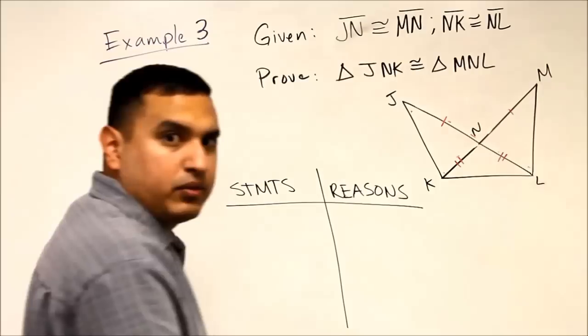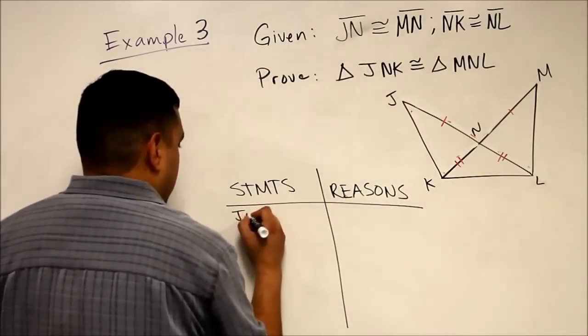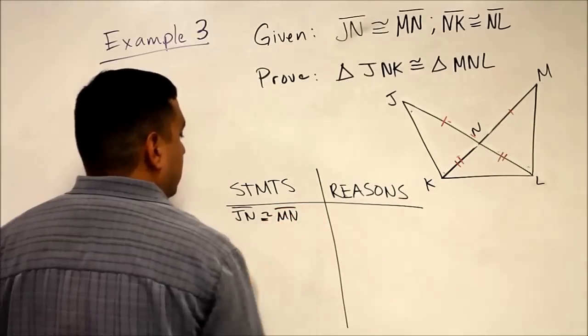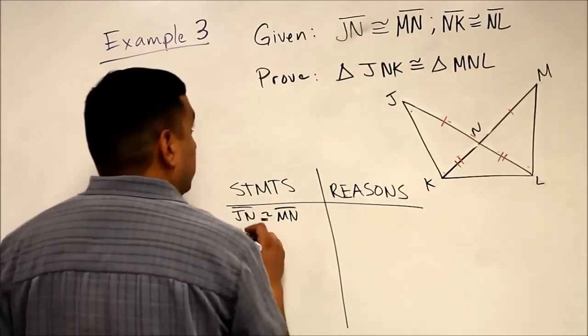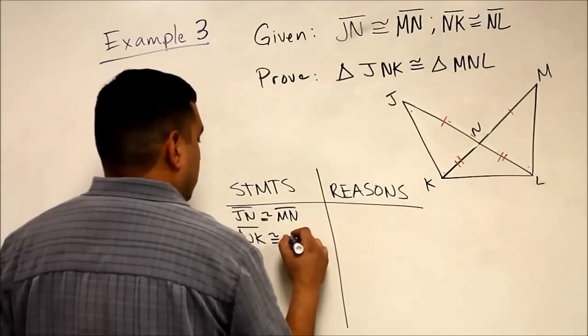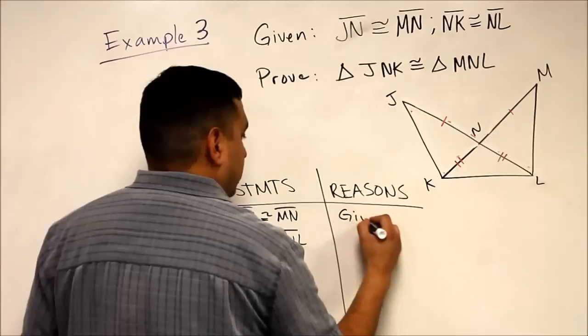All right, so let's go ahead and write down our givens. I have JN is congruent to MN, and then I also know that NK is congruent to NL. Both of those are given.